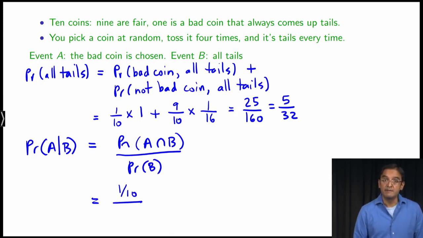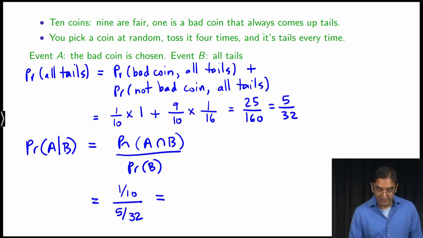The probability of B we've just figured out is 5 over 32. Okay, and so this works out to 32 over 50, which is 64 over 100, or 0.64. So there is exactly a 64% probability that we have the bad coin. Pretty impressive, huh?